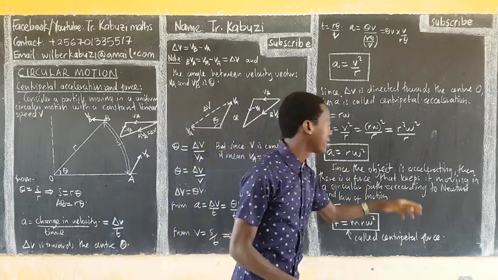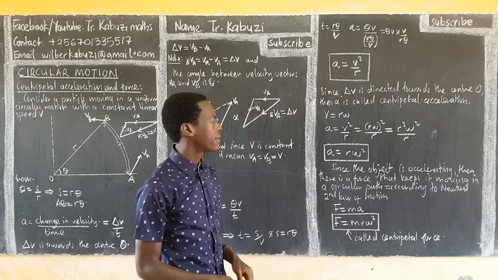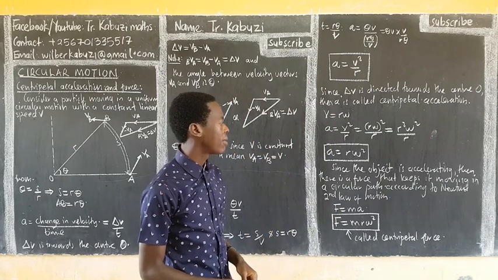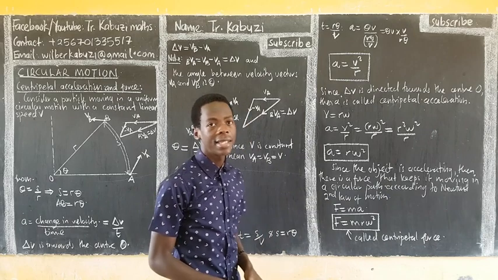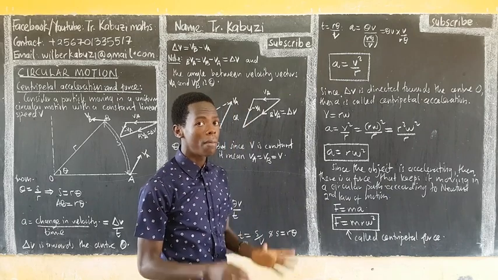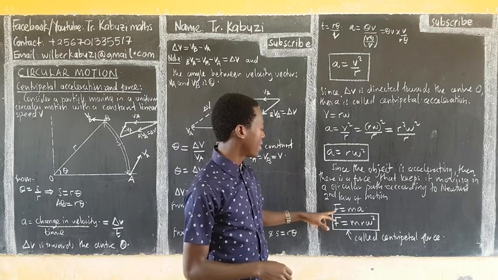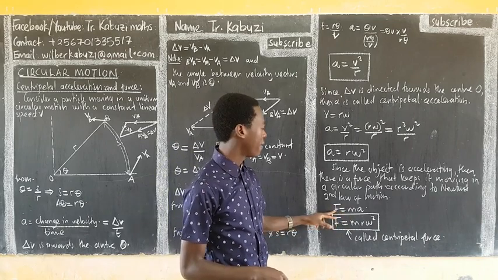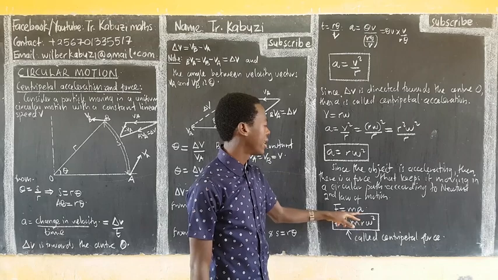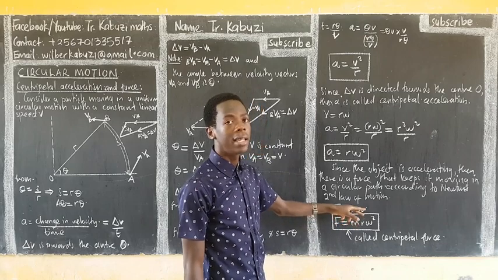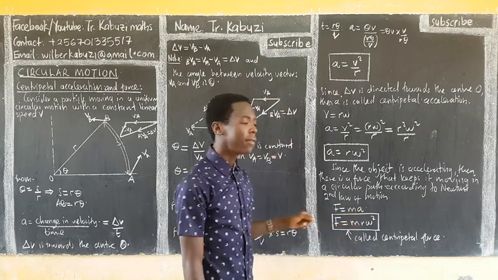Since the object is accelerating, then there is a force that keeps it moving in a circular path, according to Newton's second law of motion. Hope you remember those laws from the start. Now, the force is always equal to the mass times the acceleration, and is always in the direction of that acceleration.